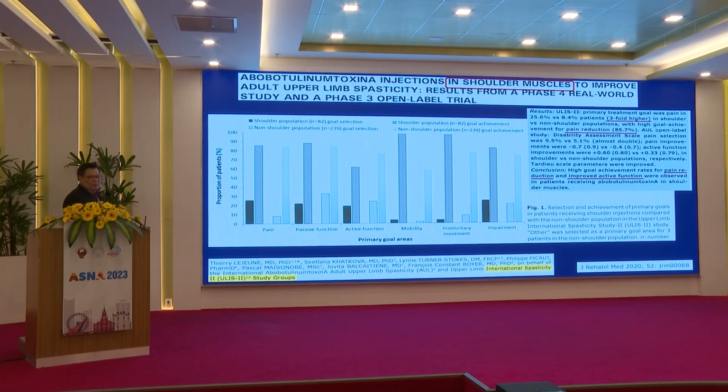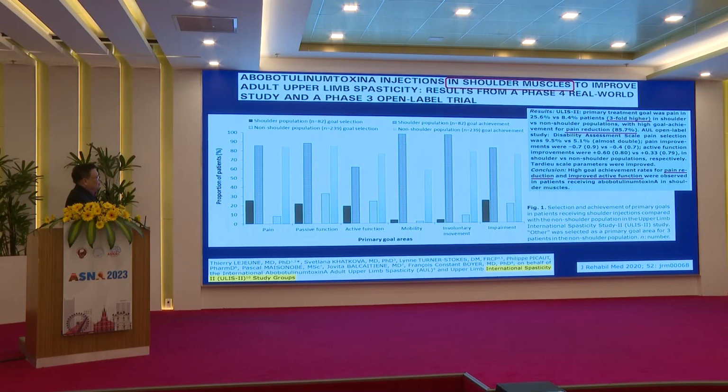That was the example of the patient that I showed you earlier. That kind of a situation is very important because if you give botulinum toxin, the pain reduction is very, very high.